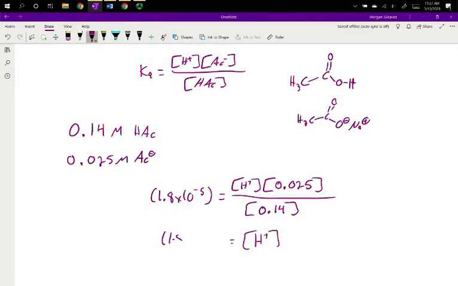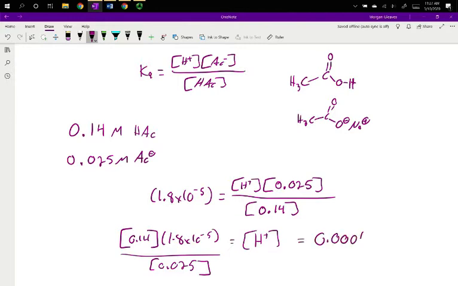It's going to be 1.8 times 10 to the minus 5 times 0.14 divided by 0.025. So this is 0.000101. That is our molarity of H+.